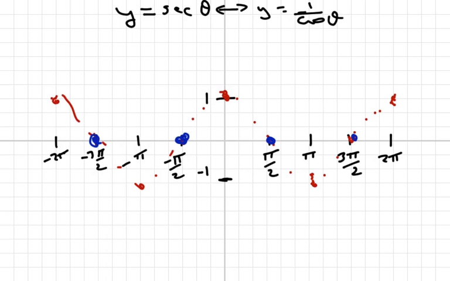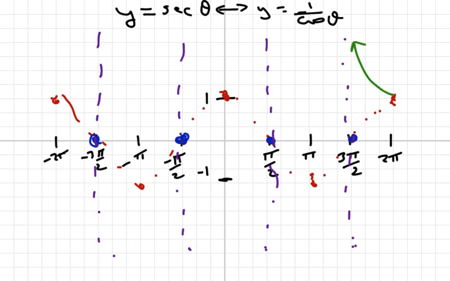Those are your zeros. At this point, I'm going to draw my asymptotes. And from here, I'm going to draw my valleys and my mountains, or peaks and valleys.